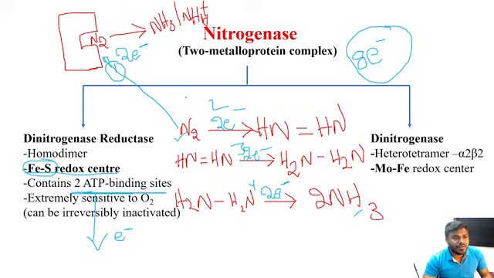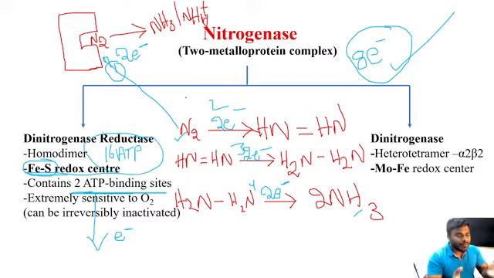If I want to convert the N2 to NH3, total how many electrons do I require? 8 electrons. So when 8 electrons pass through the iron sulfur redox center, 8 into 2, how many molecules of ATP are we using? 16 molecules of ATP.